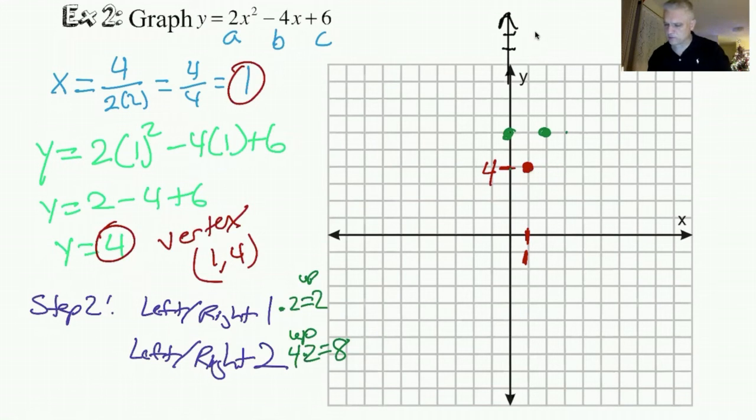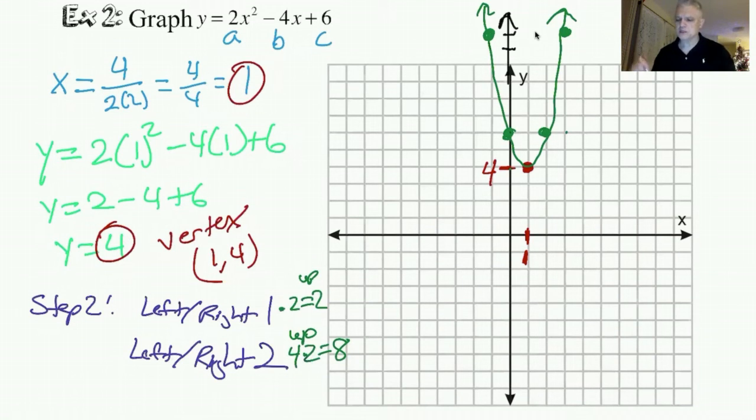So I would go up right about here. Then go left 2 and up 8 again. We would finish right about there. Okay. And draw your smooth curve, and you're golden. Okay, sweet.